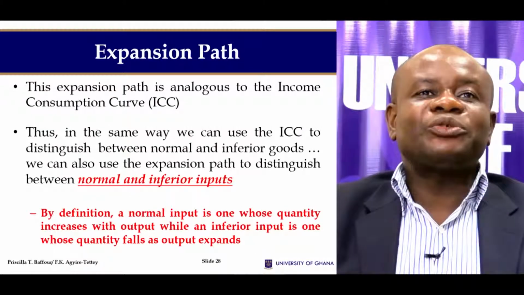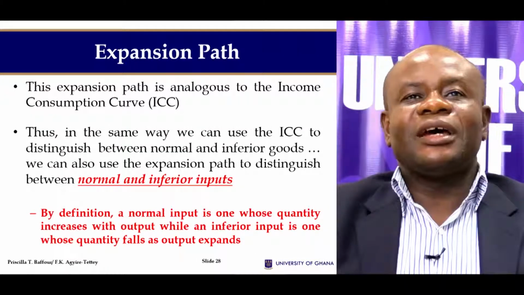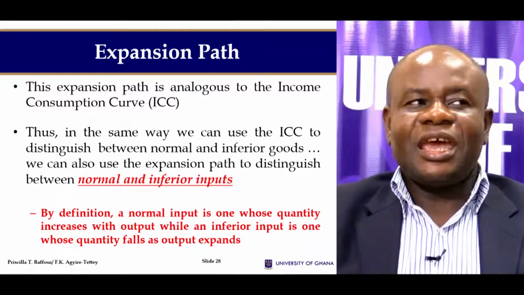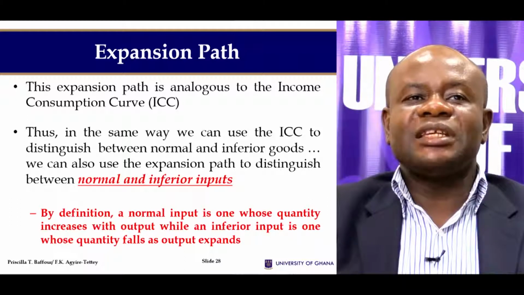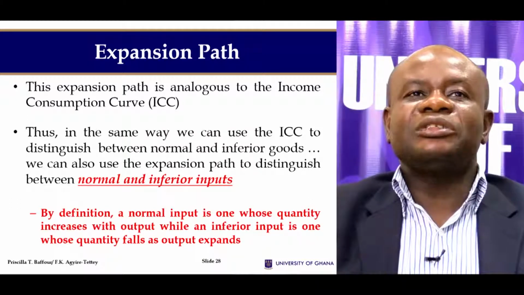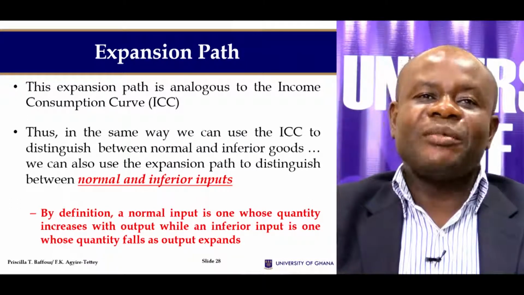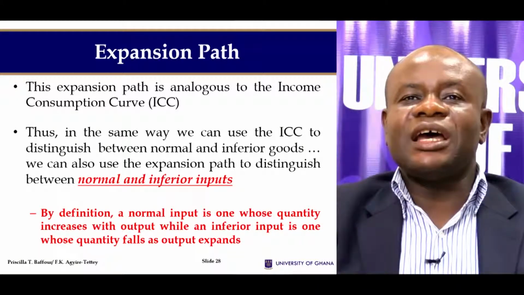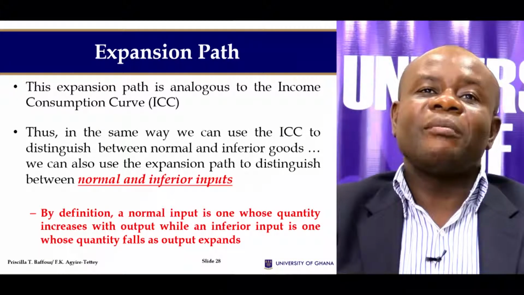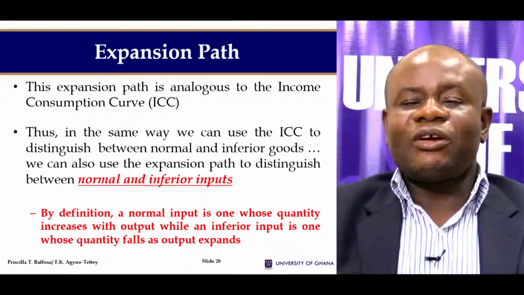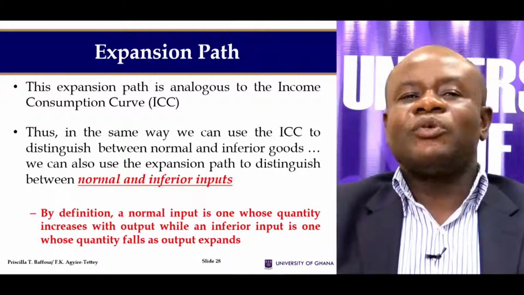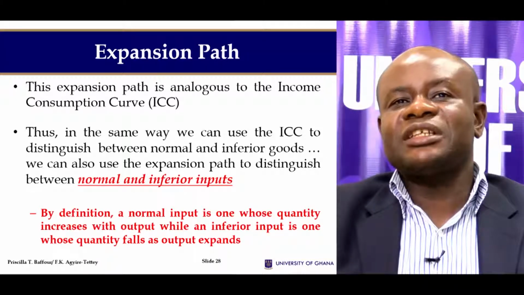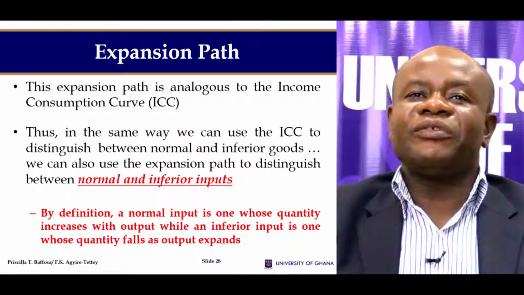Now, just as we use the income consumption curve to illustrate the type of commodity that we are dealing with, in the same way, we can use this expansion path to determine the type of input that we are dealing with. Remember, under consumer behavior, using the income consumption curve, we can determine whether the commodity in question is a normal good or an inferior good.